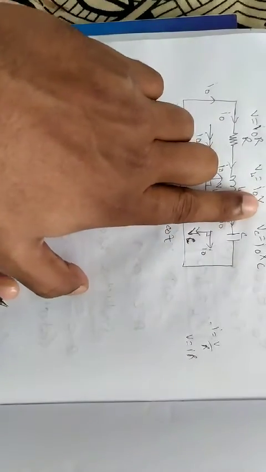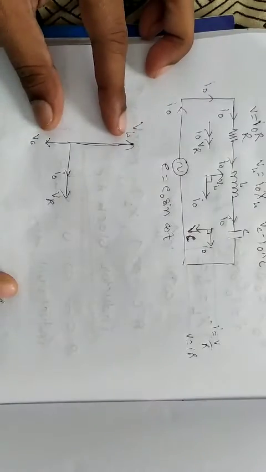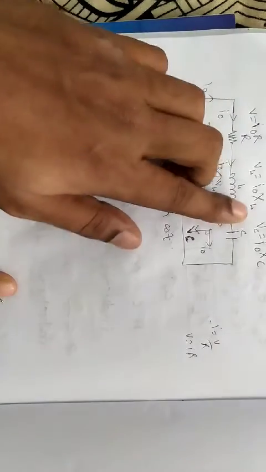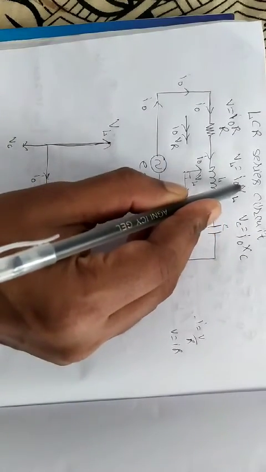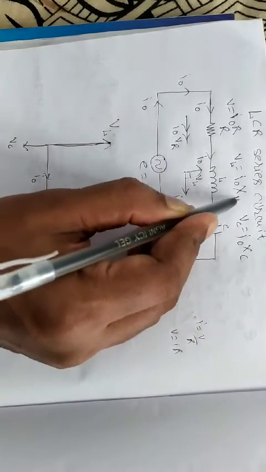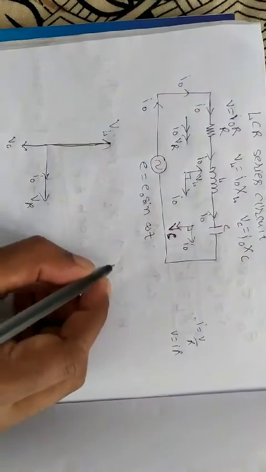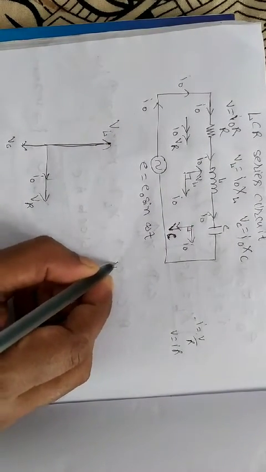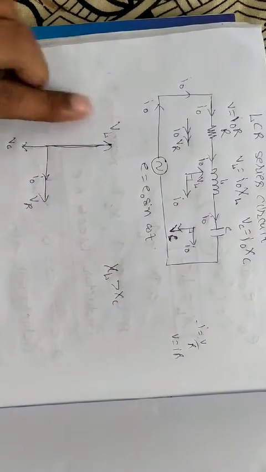If XL is more, then VL will be more. Here in this figure, VL is more. That means XL, the inductive reactance, is more. If this inductive reactance is more, then VL will be more. In this case, XL is more than XC, that's why this figure is there.